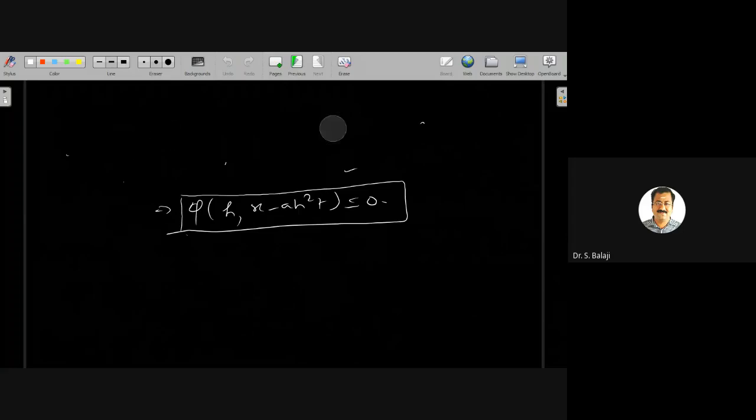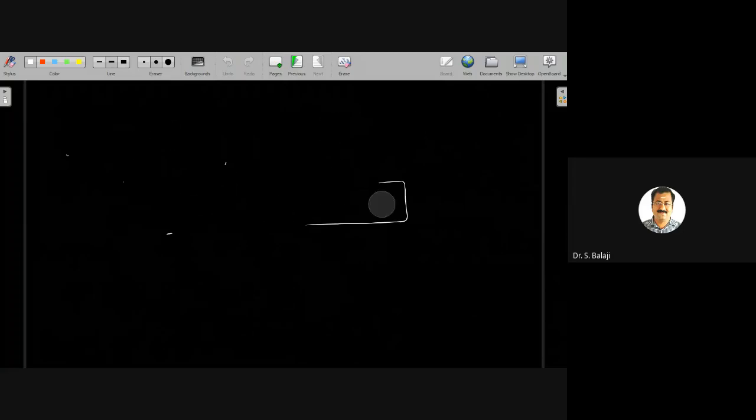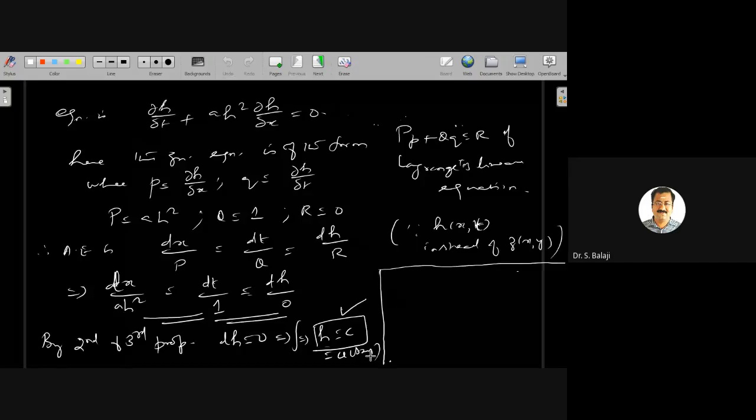You can write clearly in terms of c. h is equal to c here, and it is also given that h of x comma 0 is equal to alpha root x.